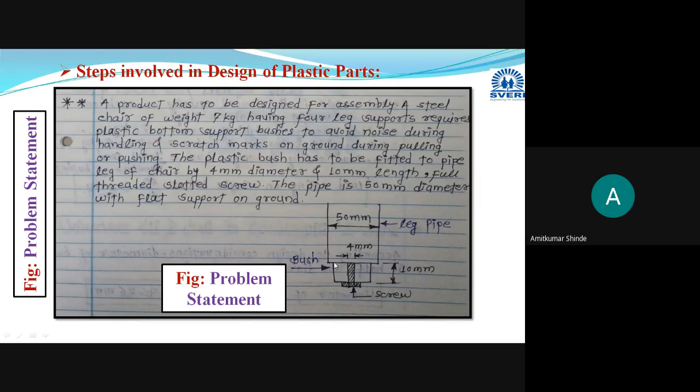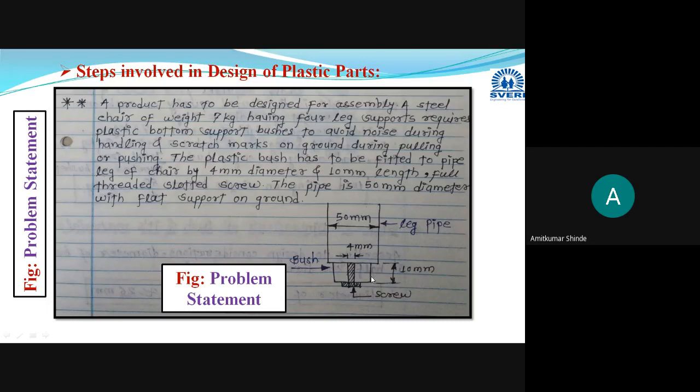Now to decide the diameter, from this point to this point, there are some design considerations depending on the diameter of this leg. This is the leg of the chair. Depending on this diameter, you have to decide the diameter of the bush.